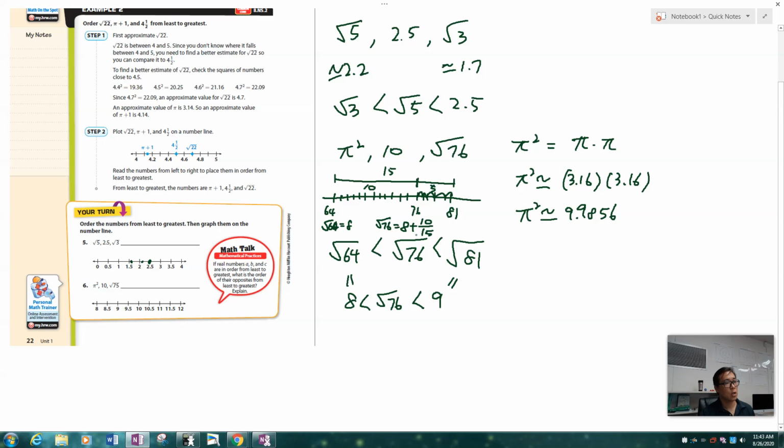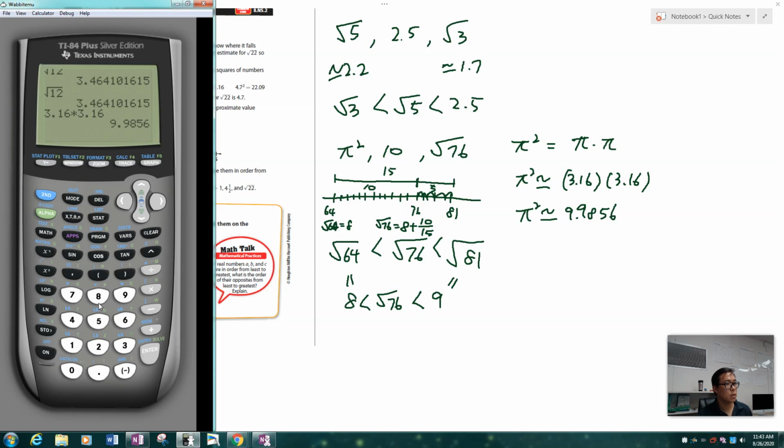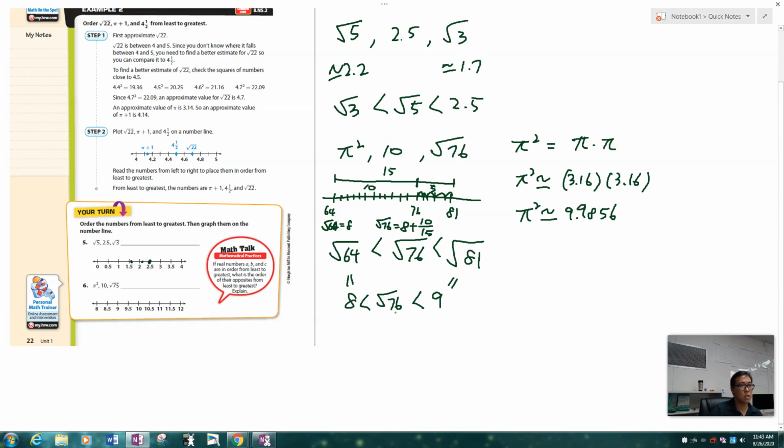Okay, so let's calculate that approximately. 8 plus 10 over 15. We don't even need a calculator. The square root of 76 is approximately 8 plus 10 over 15. 5 times 2 is 10, and 5 times 3 is 15, so the 5s cancel.